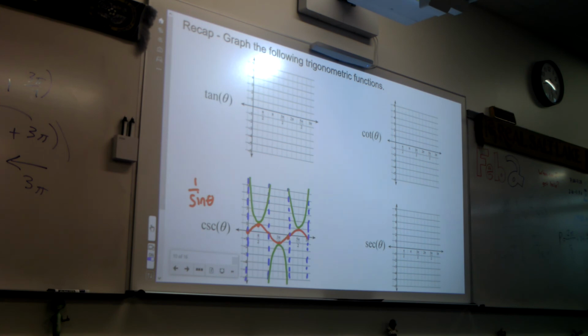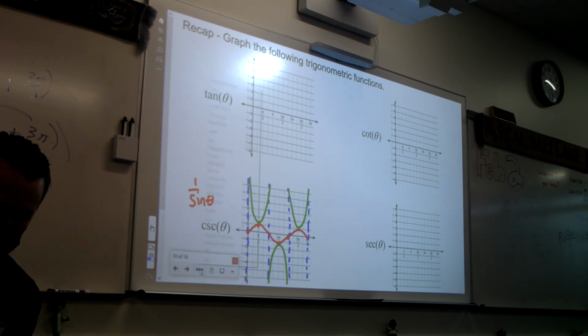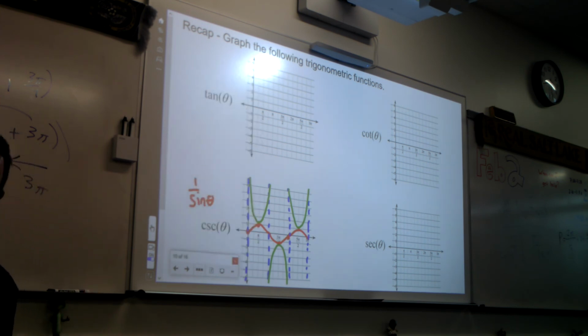Okay, so then, Tao, tell me how we're going to graph secant. What is secant the reciprocal of? Remember that the first letters don't match up. So with sine, the reciprocal is cosecant. So secant, the reciprocal is cosine. So I'm going to graph cosine real quick. Starts and stops.